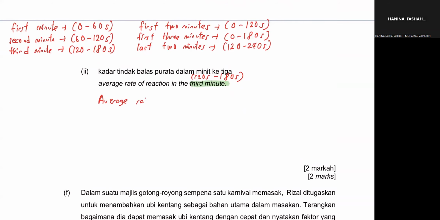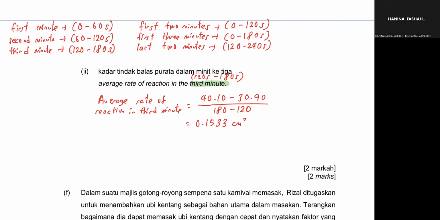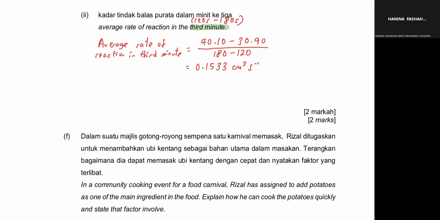So the average rate of reaction in the third minute equals 40.10 minus the volume, per time, 180 minus 120. I think you get 0.1533 cm3 per second.